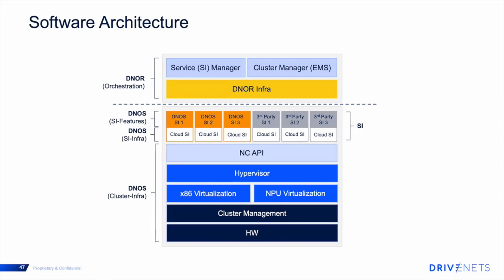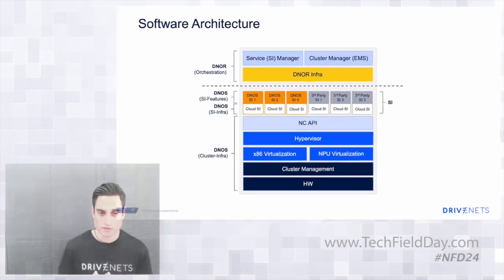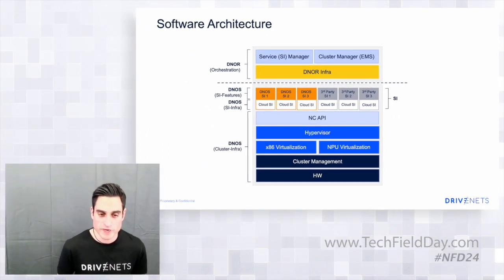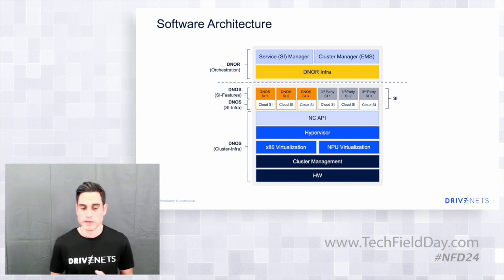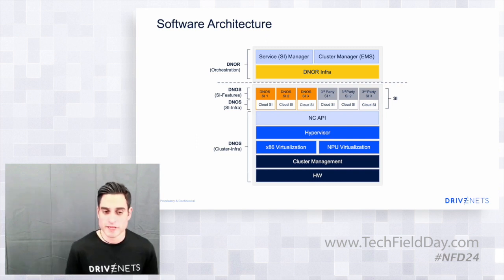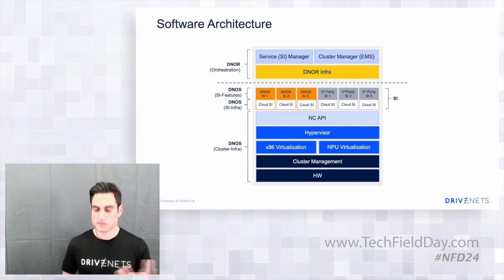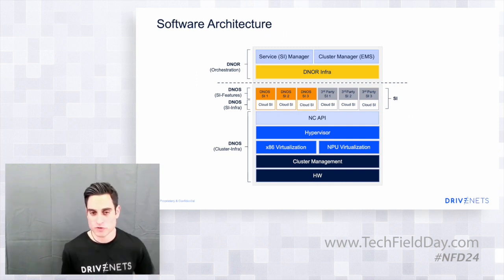Very similar to what we started with, which is a great kind of evidence that what we started with is already nice. So we better differentiate what is infrastructure, what is service. I look at the DNOS part and start bottom up. Hardware is the same, backward compatible. The cluster management part remains the same. x86 virtualization, Docker containers, virtual machines, container network function, NPU virtualization.